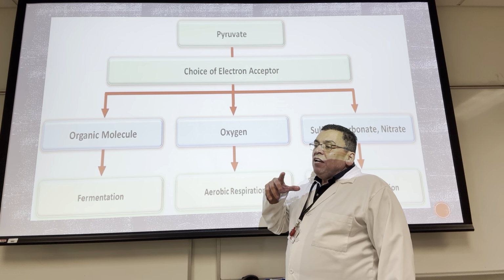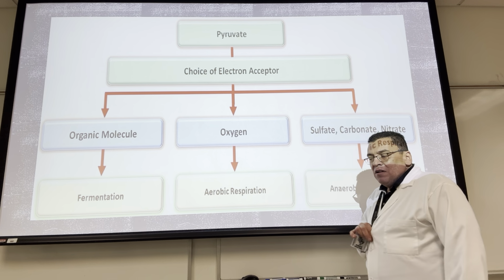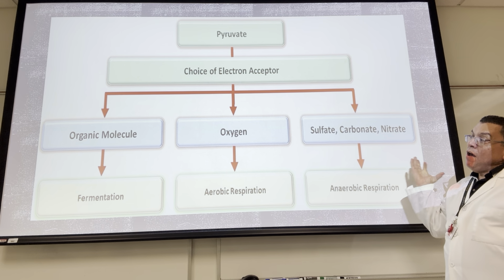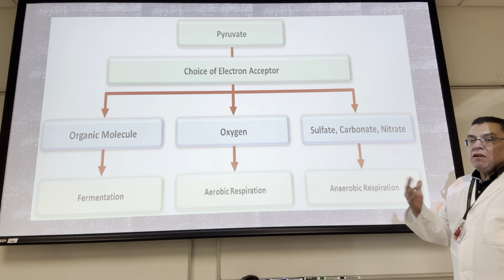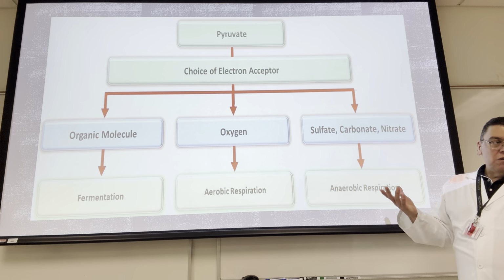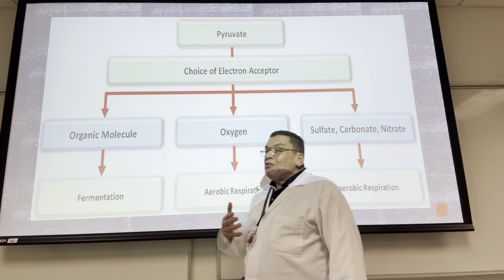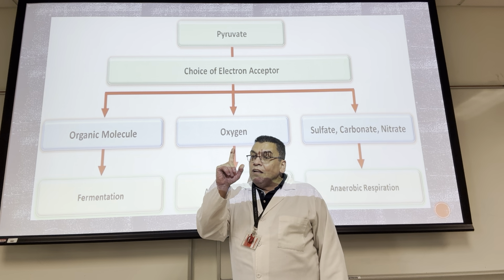These are the possible final electron acceptors. If you're a facultative anaerobe, for example, you have the pick of choice. But which one will it prefer? Oxygen. A facultative anaerobe's final electron acceptor will be oxygen if it's doing what?